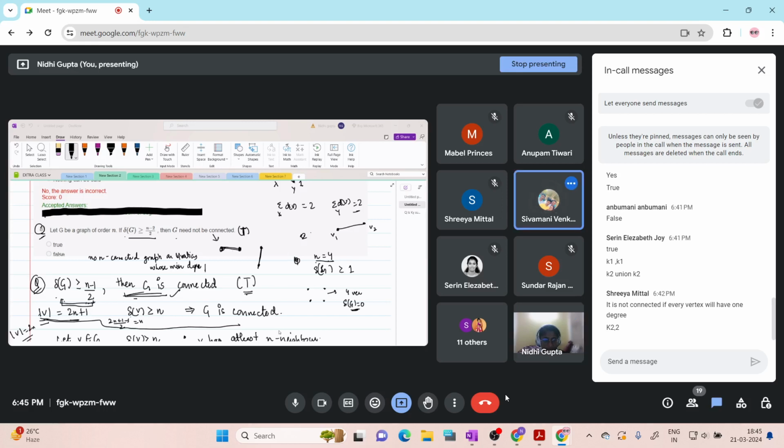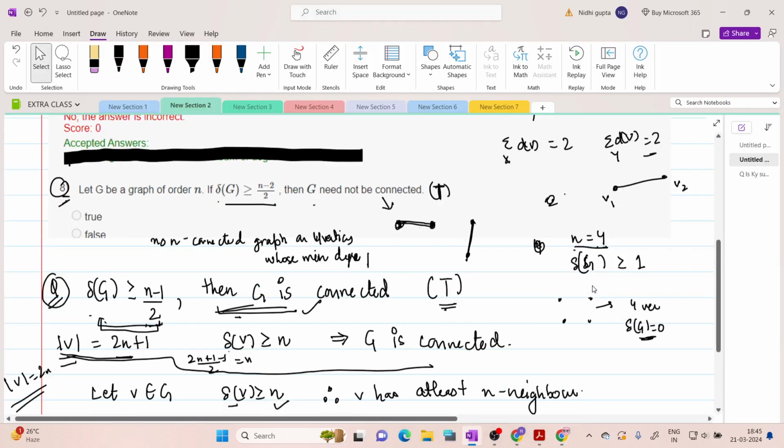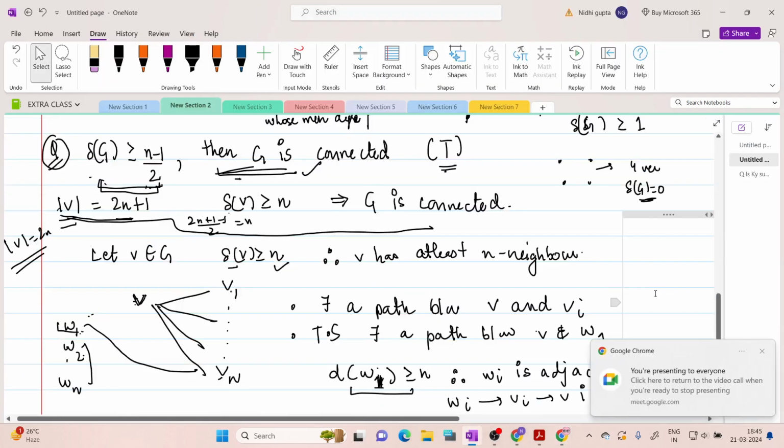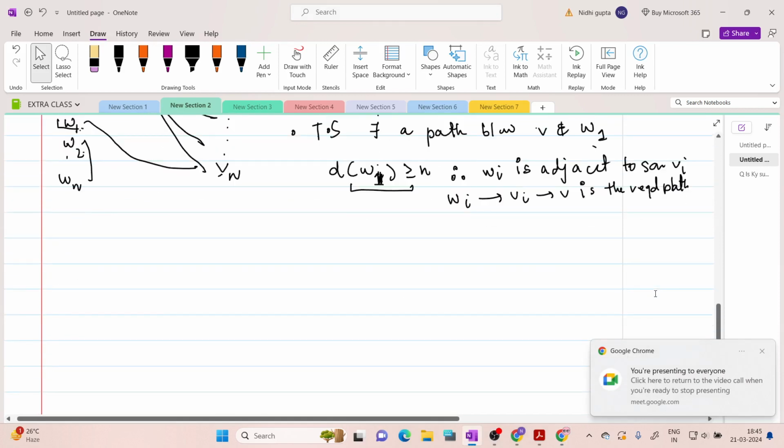One question. Suppose if a graph is an isolated graph, how to satisfy this theorem? How to check it, ma'am?